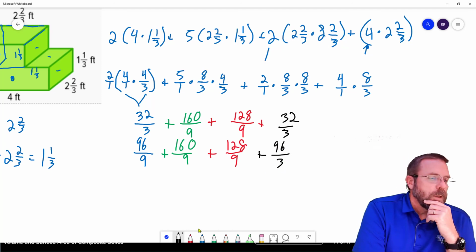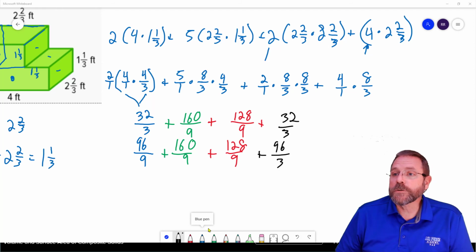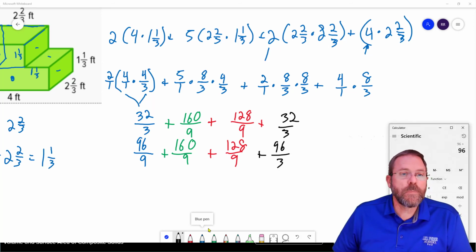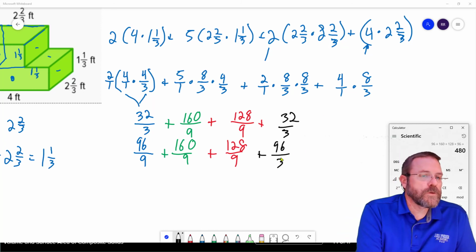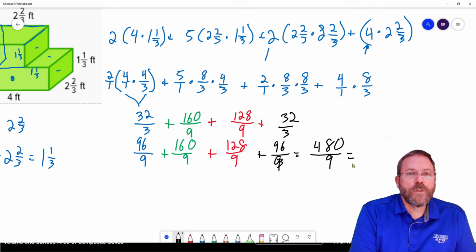Excellent. Now from there, we're going to add up our numerators, and since my brain is just plumb tuckered out, we're going to use a calculator. 96 plus 160 plus 128 plus 96 equals 480 over, oh, that should be a 9 there, by the way, 480 over 9. Now all that's left to do is change that into a mixed number again.